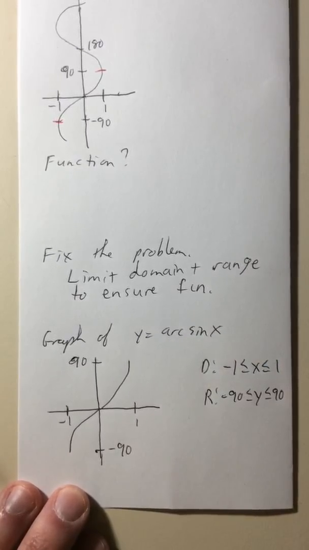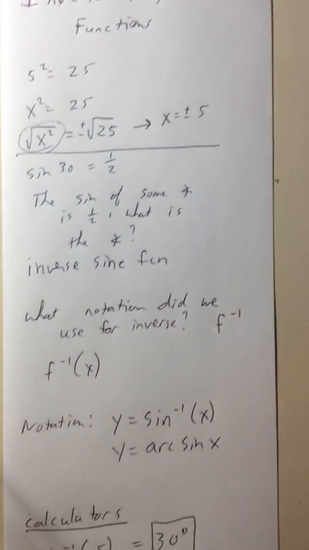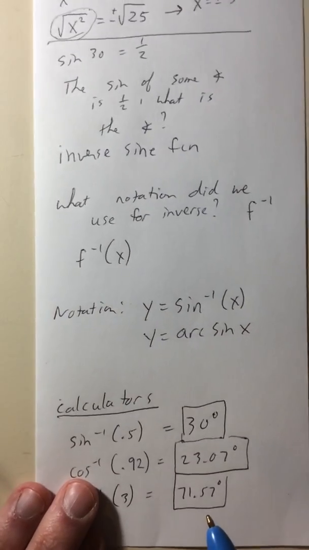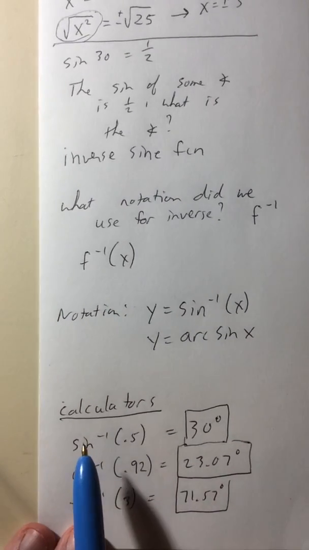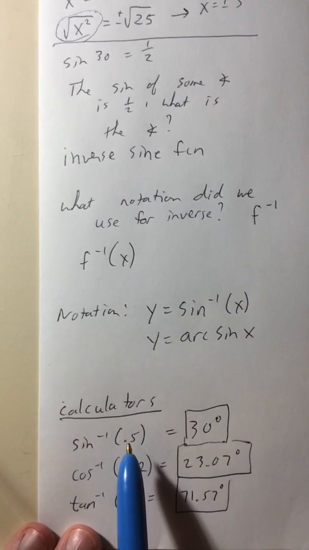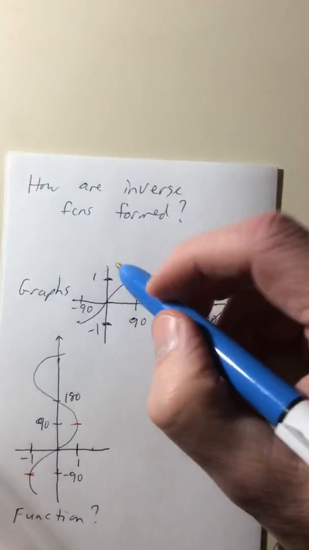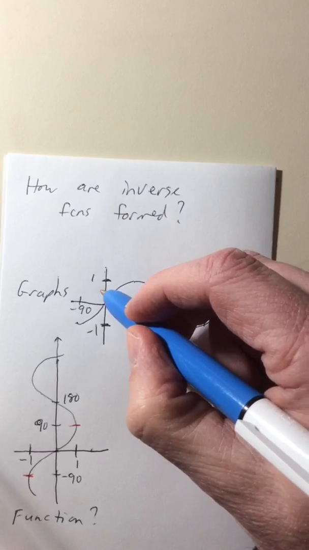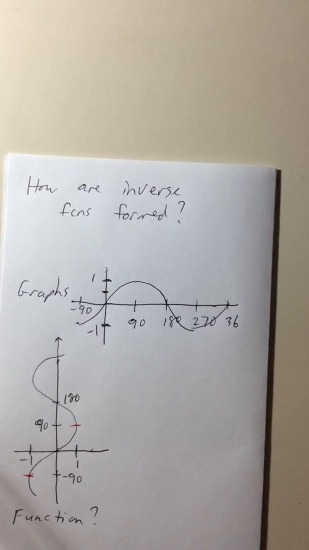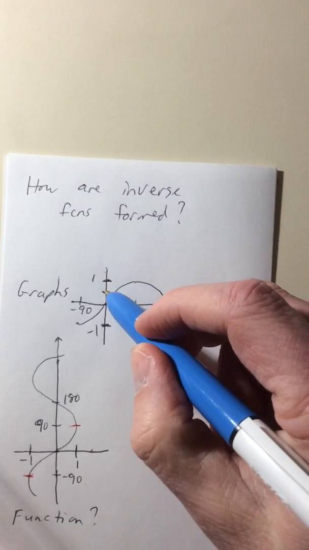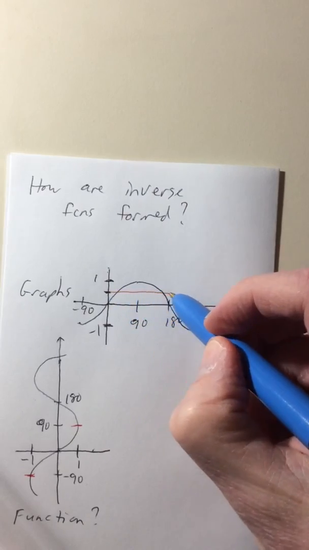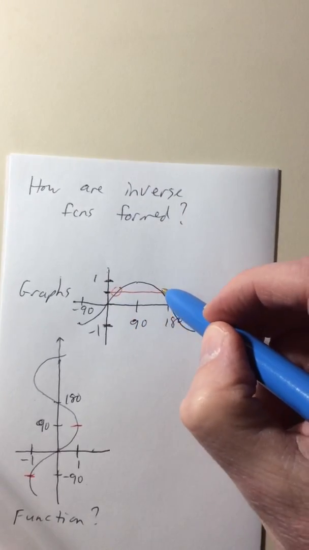So now I want to go back just a moment to where we were over here. Let's talk about what angle has a sine that's 0.5. Well, if we take a look at this graph right here, and we go to 0.5 right here, we can see that there are two angles.